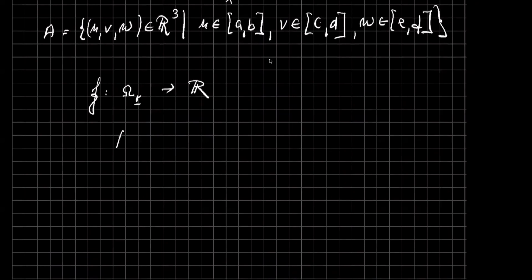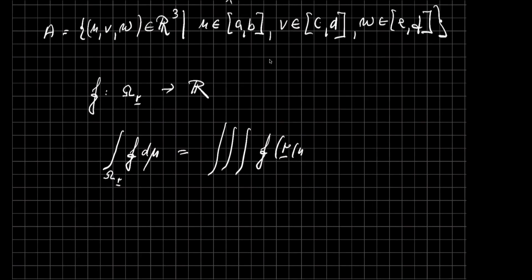Then this volume integral, where we integrate over the solid region, and we integrate f, is equal, when we unfold it with our parametric representation, to a triple integral, and we have to take the restriction of the function f to the parametric representation, u comma v comma w.